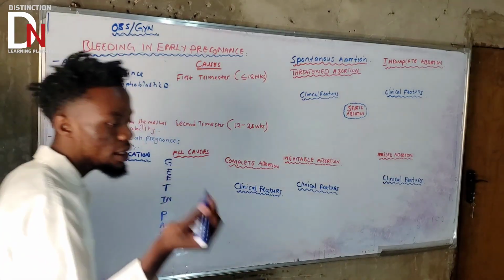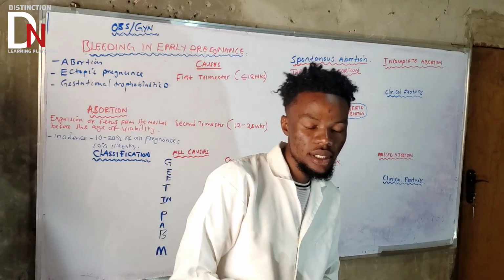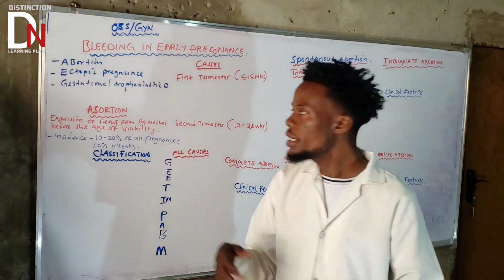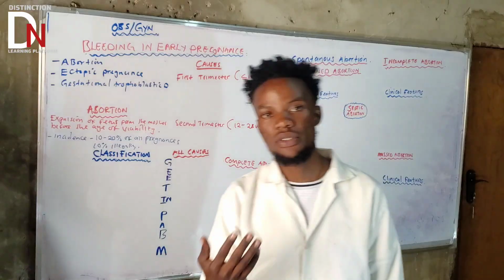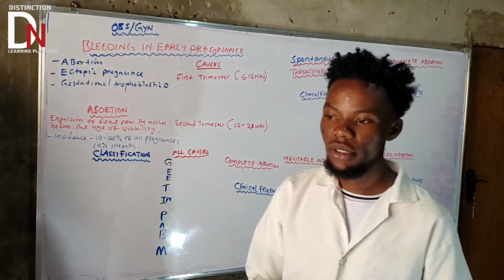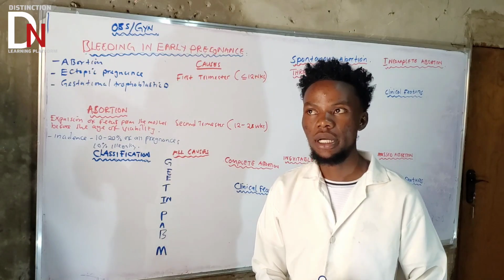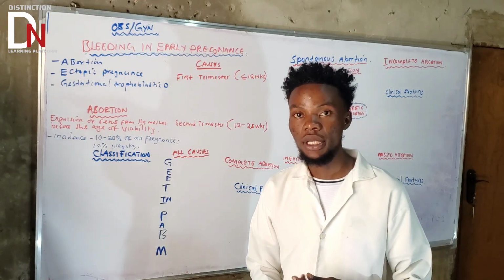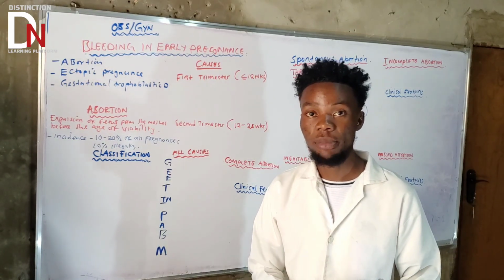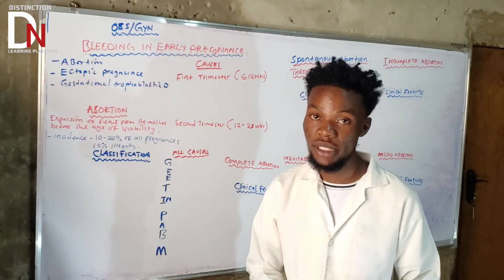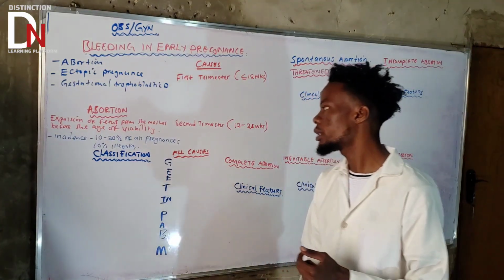There are also other prevalences: in the first trimester, abortion affects about 75%. And before 16 weeks of gestation, abortion also happens in about 75% of cases. You need to take note of that.